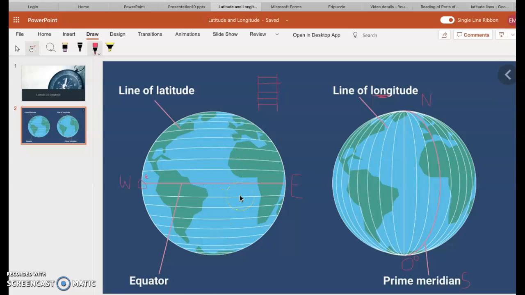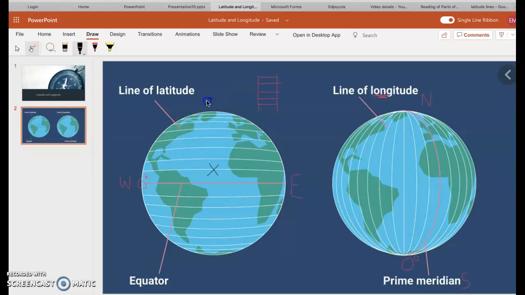If we're going back to latitude, and let's say I want to mark myself right here, big old X. Well, again, this is 0 degrees. Each line represents 10 degrees. So this would be 10, 20, 30, 40, 50, 60, 70, 80.